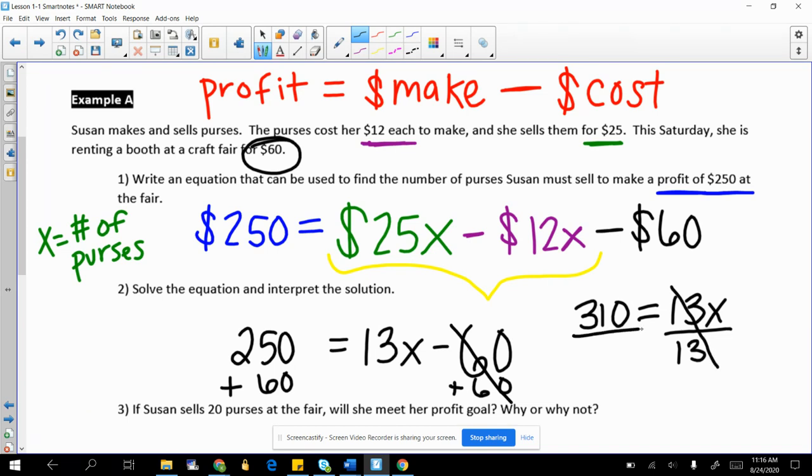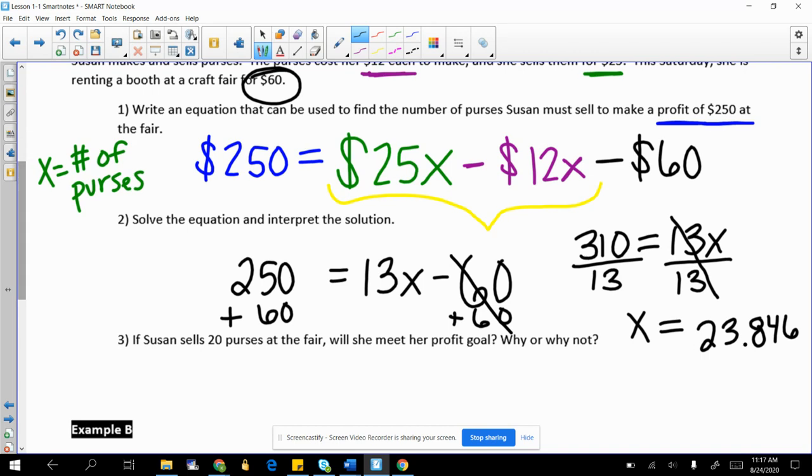That's going to cancel. Do it on this side as well of the equal sign. So we are going to get, and this is where you might need your calculator, that 310 divided by 13 is going to be about 23.846.